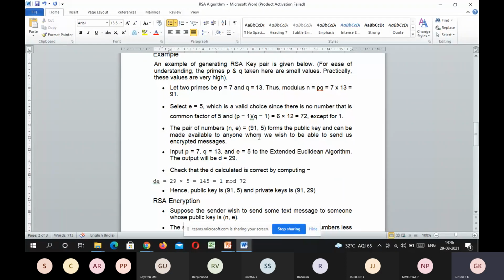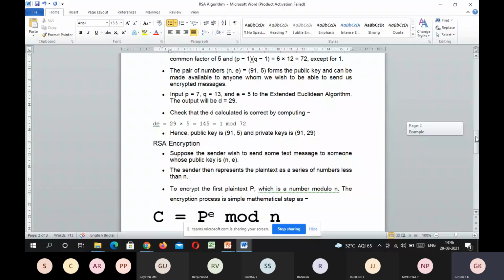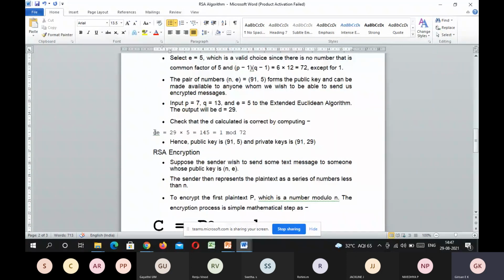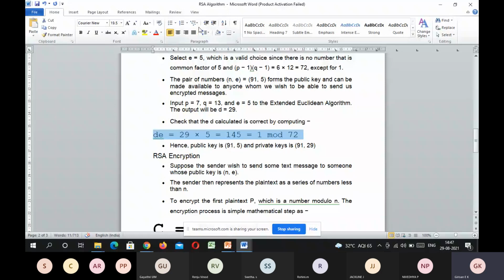Now what we have to calculate? We need the value of D. So D is equal to E inverse mod (P minus 1)(Q minus 1). You can see here, using the Euclidean algorithm, we are calculating the value of D, which is equal to 29.